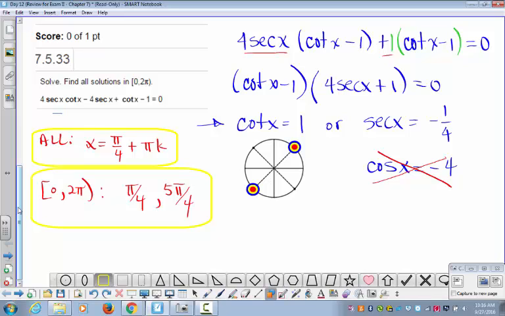Okay, so let's look at an algebraic example that's similar. We're using a technique called factoring by grouping. So if we have something like A times B plus A, and then over here we have B plus 1 equals 0, what we're doing is factoring out the A from the first 2 terms, leaving B plus 1.